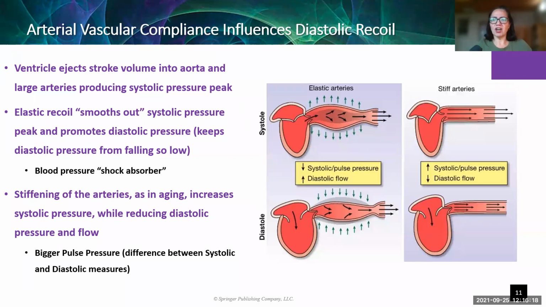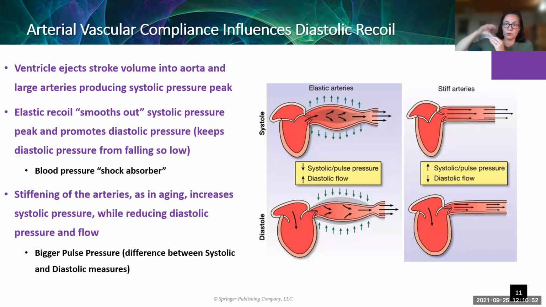If you've ever ridden in a car, you know that the car goes over lots of bumps, but you don't feel it so much unless you're in a car with really bad shocks. Then you feel every single bump, and that is what happens as we get older. Our arteries start to stiffen, and that's going to lead to a bigger difference in systolic and diastolic pressures. So when the heart contracts, all that pressure is going to get pushed out into the arteries.